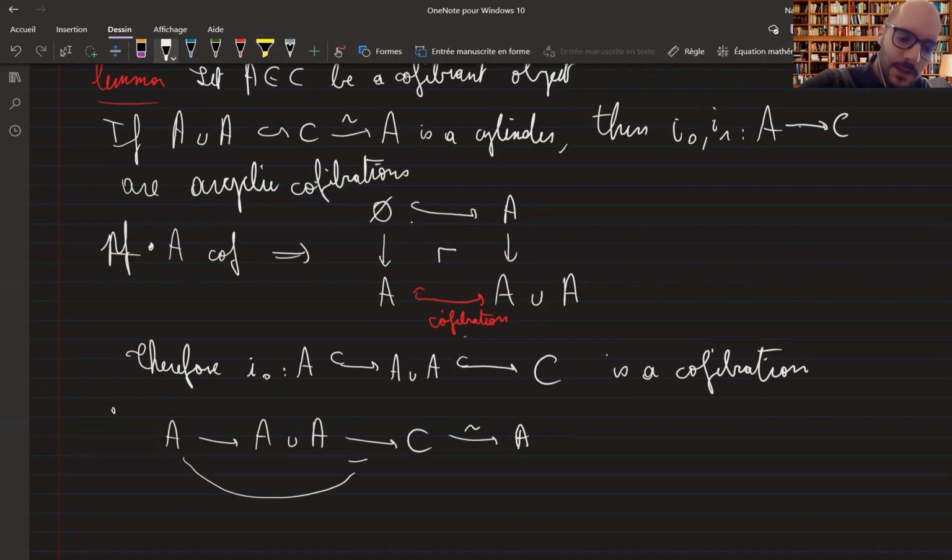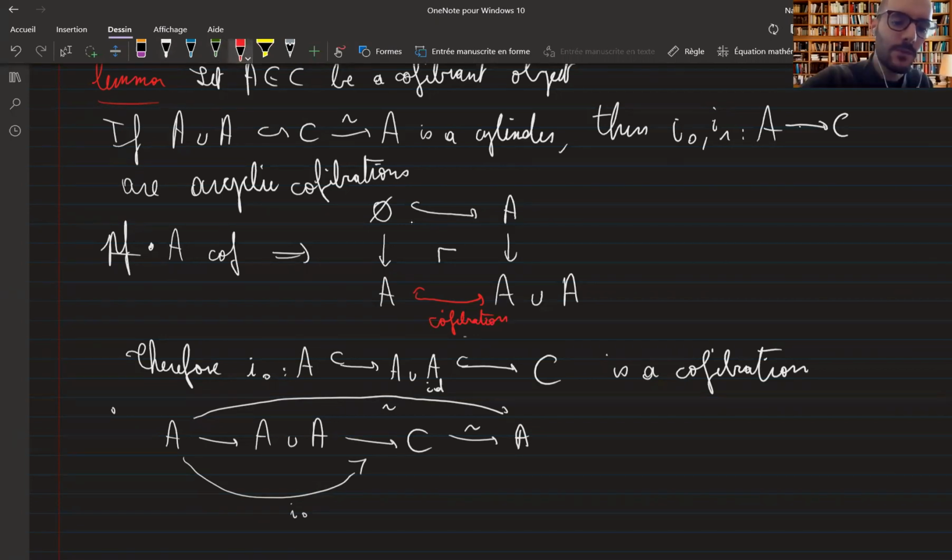This map here is I0. This map here is the identity, okay, which is an isomorphism and is therefore a weak equivalence. We saw this last time. And now you can apply 2 out of 3.